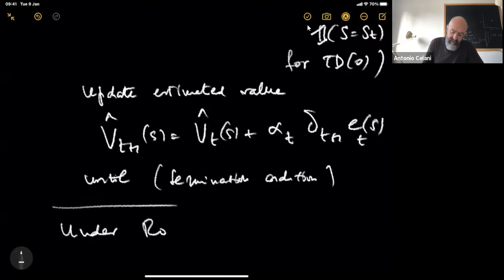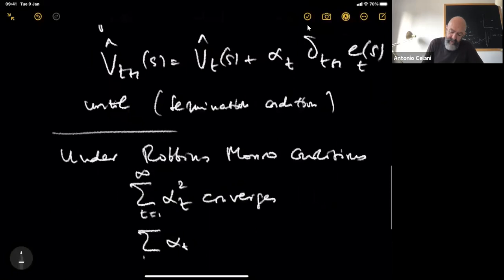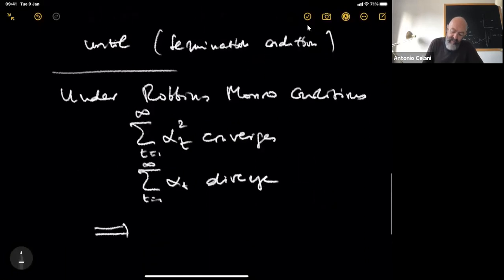So this is this algorithm under the Robbins-Monro conditions, which are, I recall you, that the series of squares of the learning rates must converge, and the series of the learning rates must diverge. Under these conditions, we have that V_t estimate tends to the true V pi as t goes to infinity.